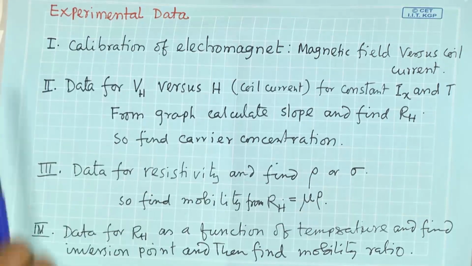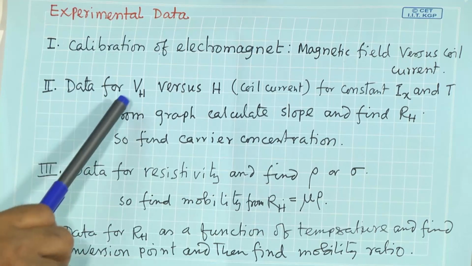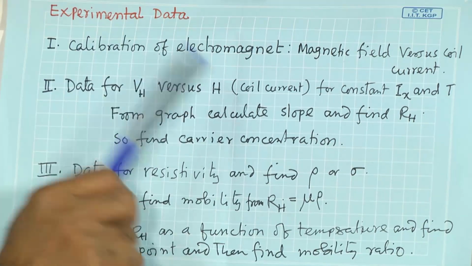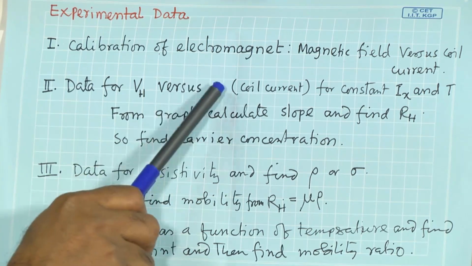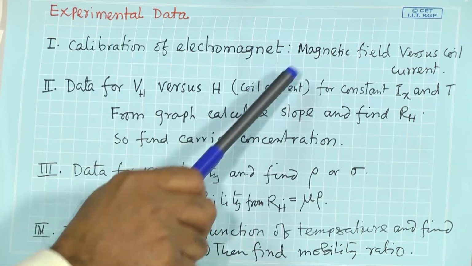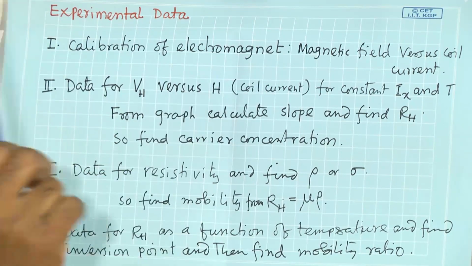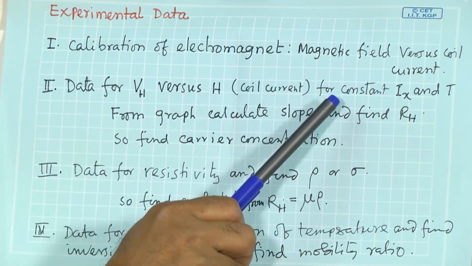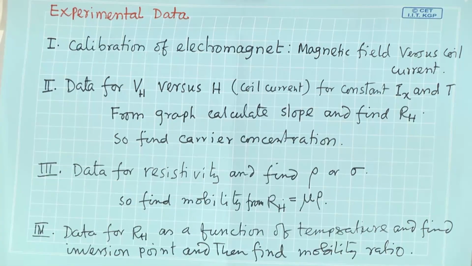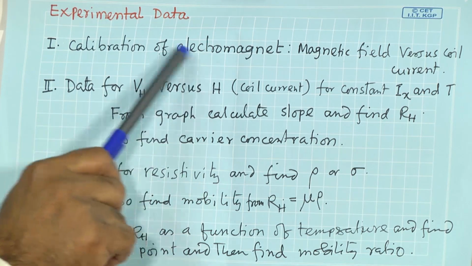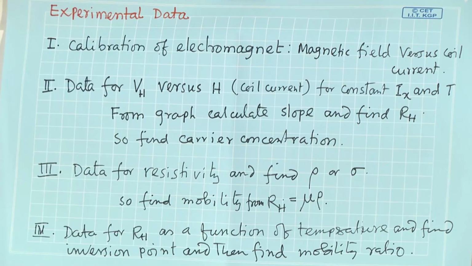For constant current Ix and a constant temperature, room temperature, we will do this experiment. We will measure the Hall voltage as a function of magnetic field. If you plot that, from the slope we will be able to find the RH, and from RH we will be able to find the carrier concentration.